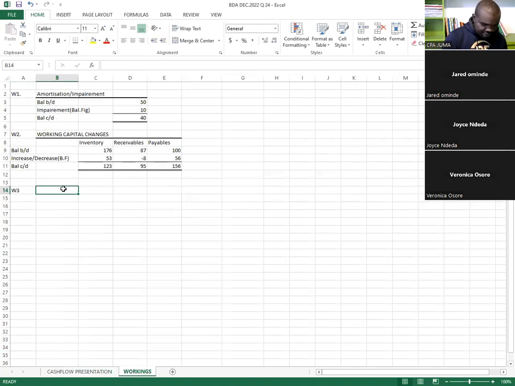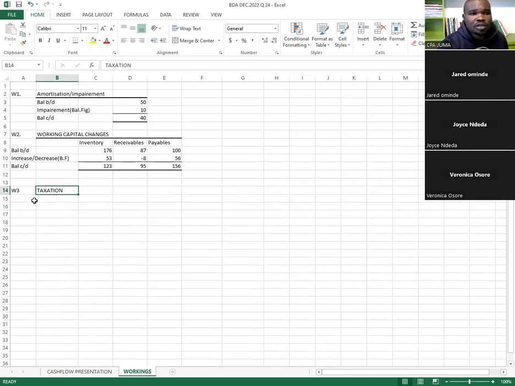You can say taxation. Taxation is very simple here. Very simple. So for tax, you will say balance brought down. Then tax for the year.